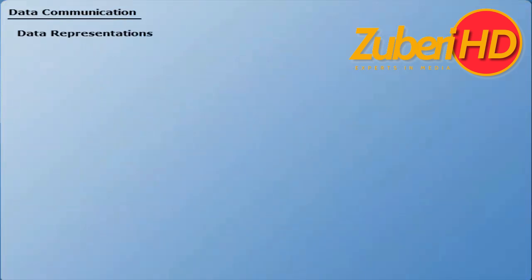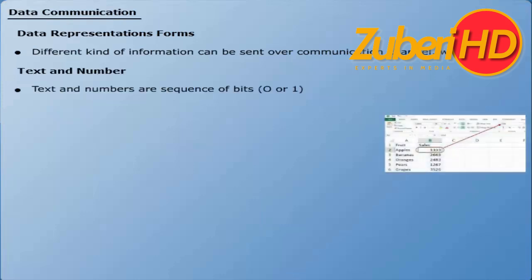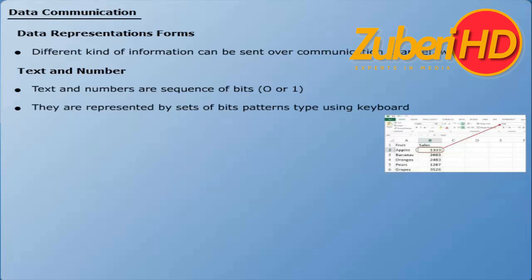Data representation forms. Different kinds of information can be sent over a communication channel. It includes the following. Number 1. Text and numbers. Text and numbers are sequences of bits, zeros or ones. They are represented by a set of bit patterns typed using the keyboard and is called a code.